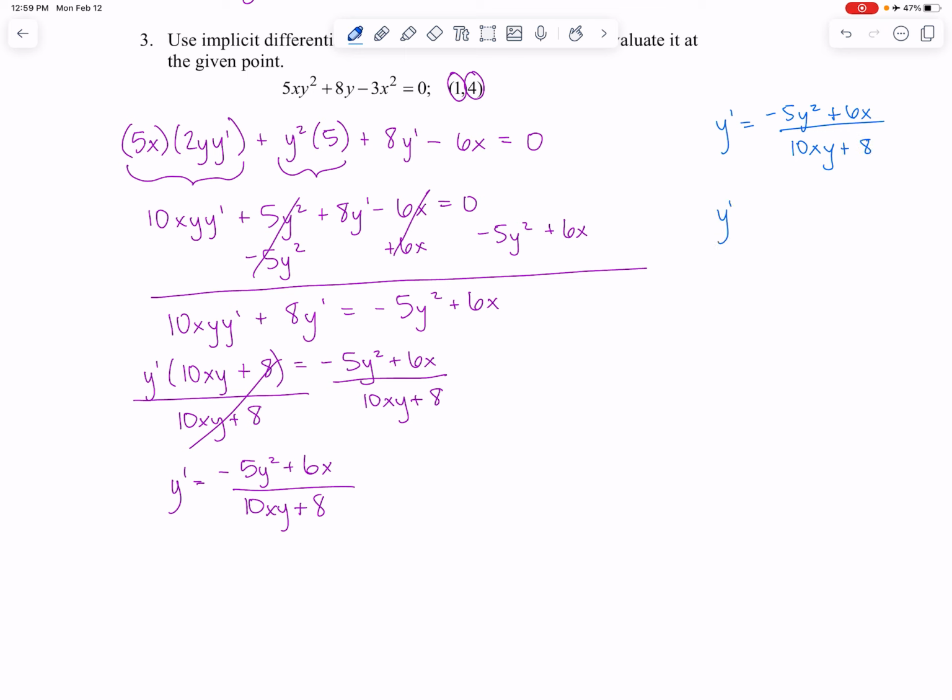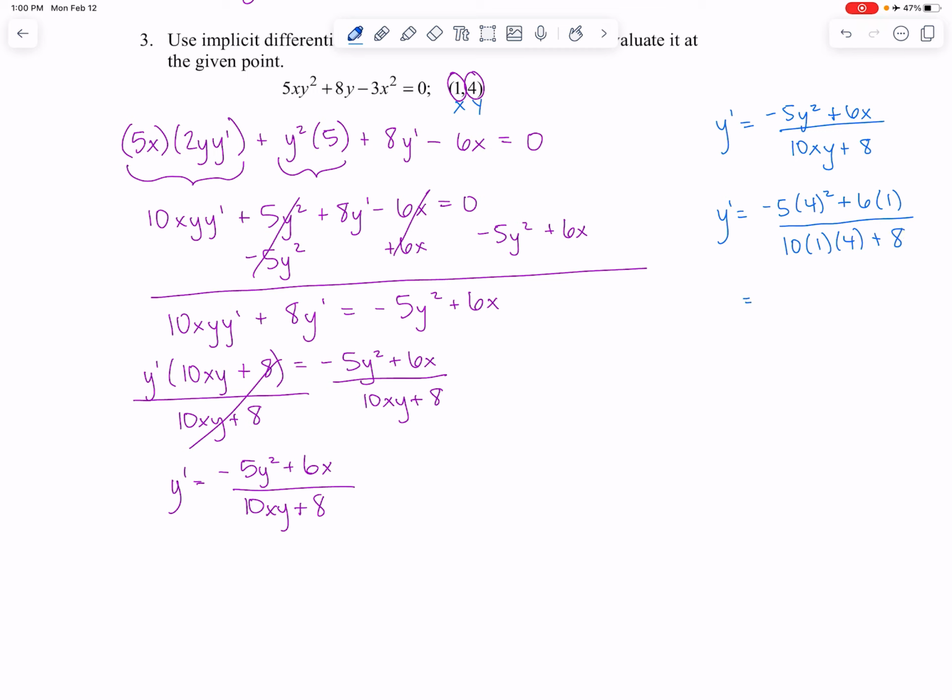If we plug in x and y. So negative 5, our y value is 4 squared, plus 6, our x value is 1, over 10, our x value is 1, our y value is 4, plus 8.